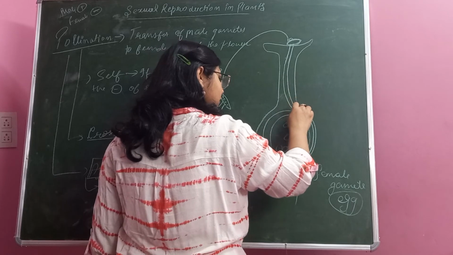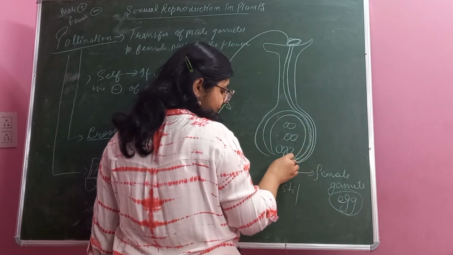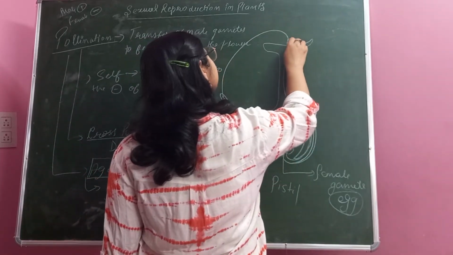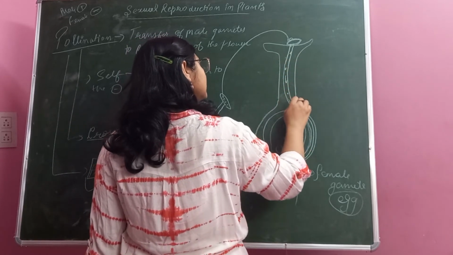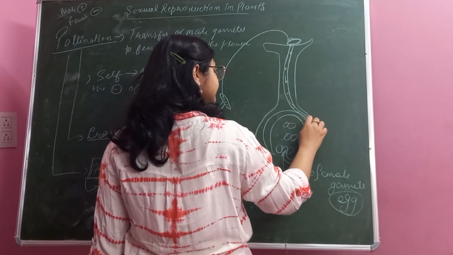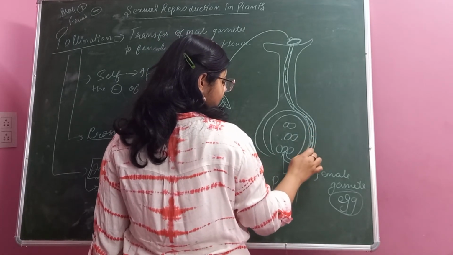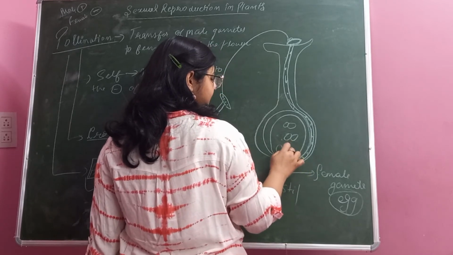So this is how the road to female gamete is created, like this. And now this male gamete transfers into this pollen tube, and here it fuses with this egg.